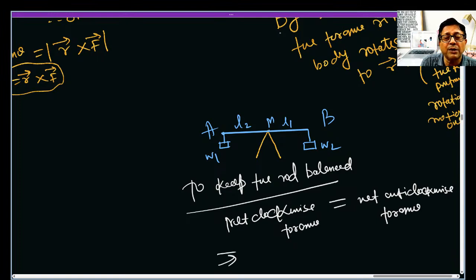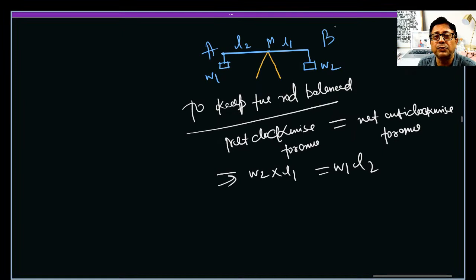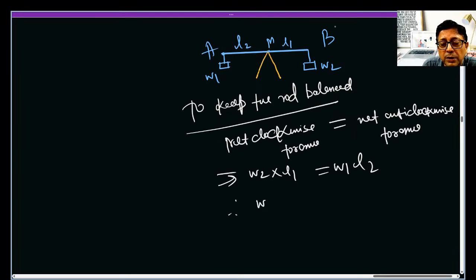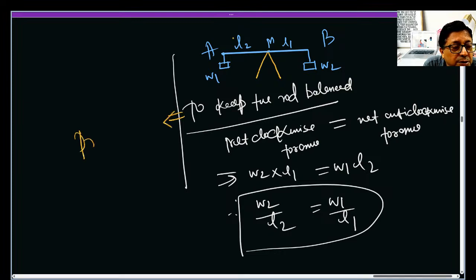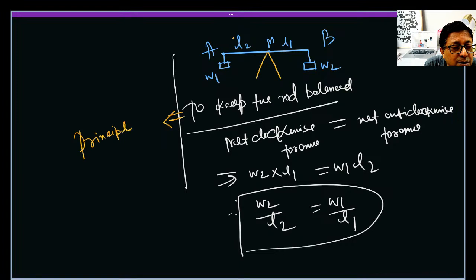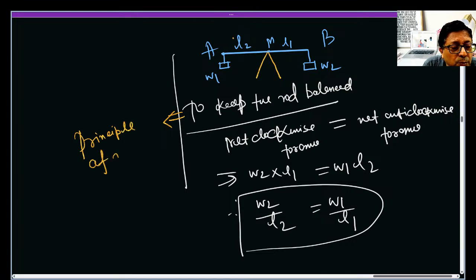What is the net clockwise torque here? How do I account for this? Weight into length, W2 into L1 should be equal to W1 into L2. Therefore, W2 by L2 equals W1 by L1. The principle we have used here is called the principle of moment.